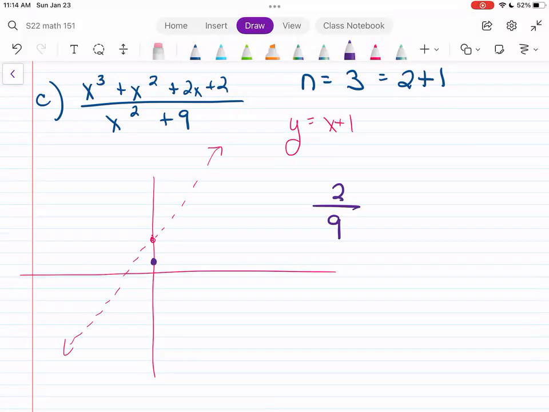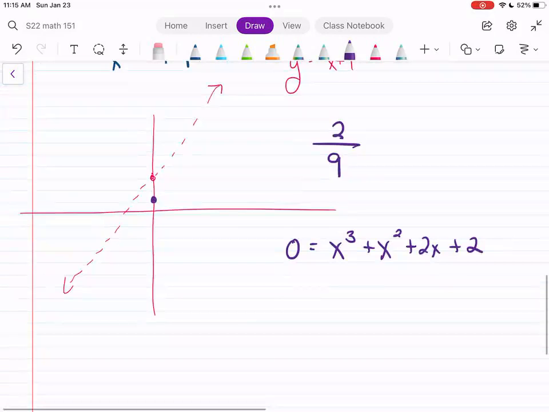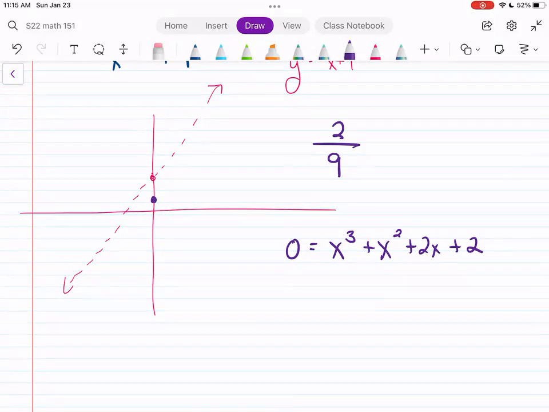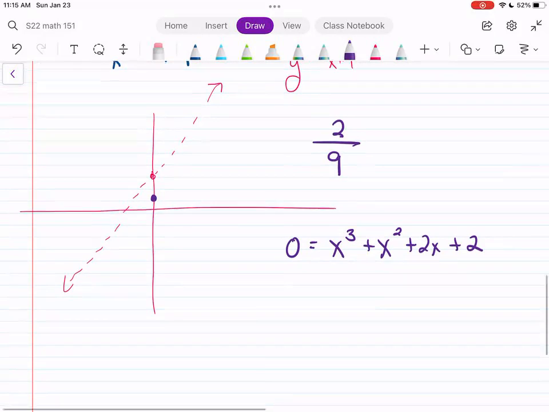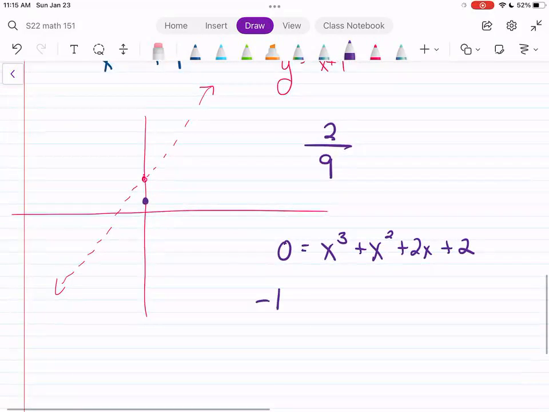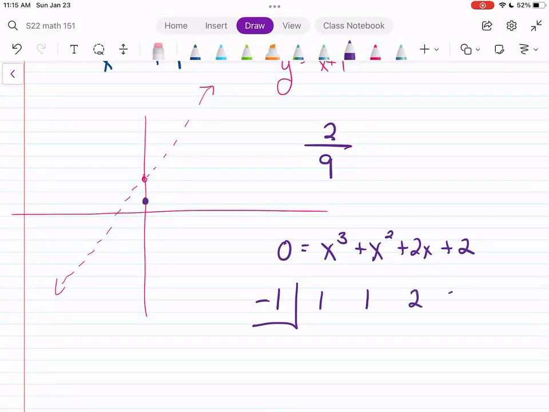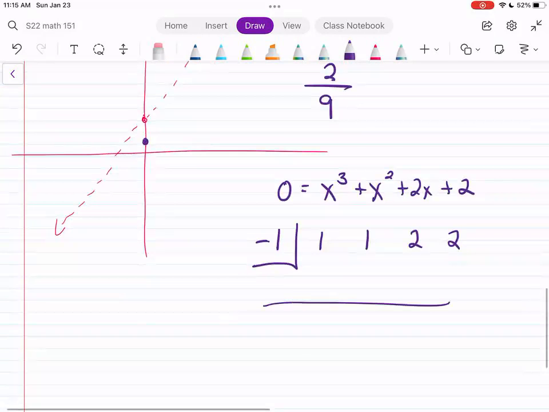We also need to be able to find where the x-intercepts are. And to do that, we're going to set the numerator equal to 0. And this looks like a difficult value to factor, but if you'll notice, if we plug in -1, it's pretty easy to see that that's going to reduce it to 0. Since x equals -1 gives us that solution, we can then use synthetic division to reduce this further.